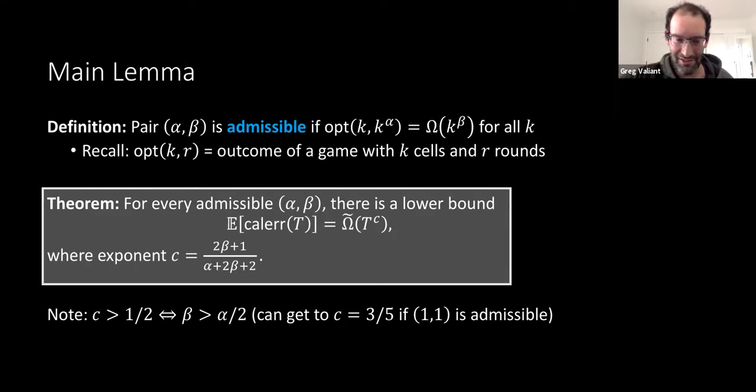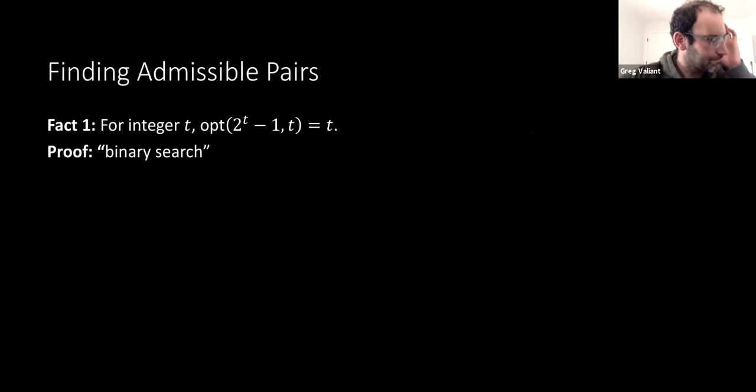Good. So let me just sketch the proof that you can get some nice admissible things, and then we'll move on. The first fact: for any integer t, given a sidestepping game with 2 to the t minus 1 squares and t rounds, you can ensure that at least t arrows remain, namely, all of the arrows remain.